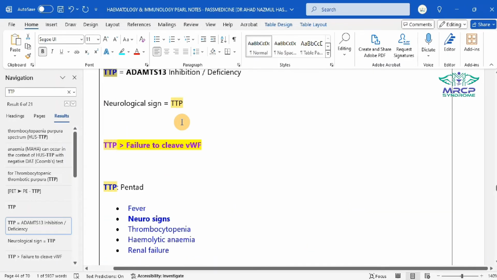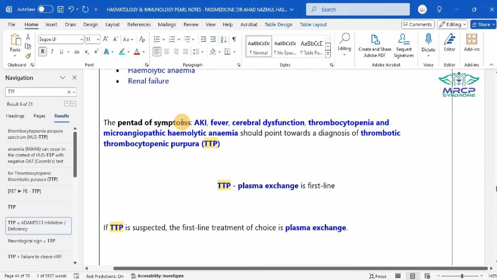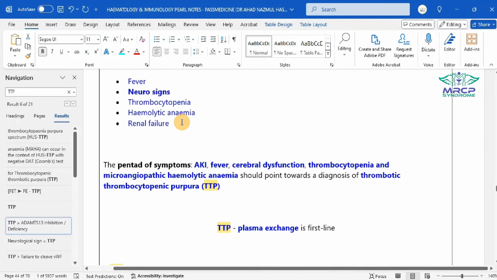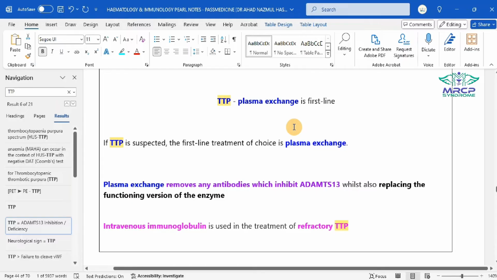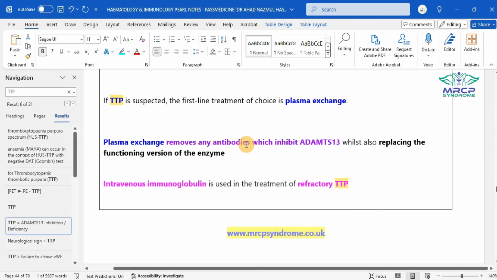So how to treat a case of TTP? Thrombotic thrombocytopenic purpura. Which one is the first line treatment? Plasma exchange. Yes, we'll be going for plasma exchange. So TTP, P for plasma exchange. If TTP is suspected, the first line treatment of choice is plasma exchange.